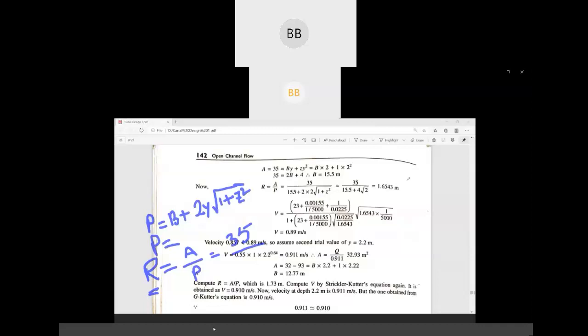And see, you are getting the R value as 1.6543 meter or not. This is your R value. They have skipped one step. So it's always better you first find out the wetted perimeter, then you find out the hydraulic radius, and see you are getting the same value or not.